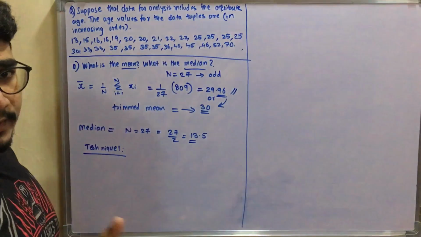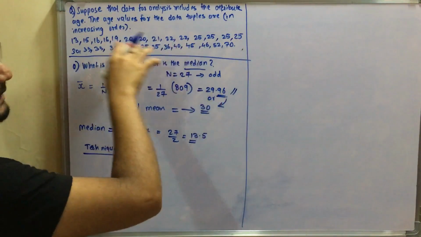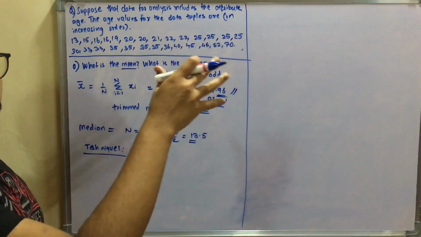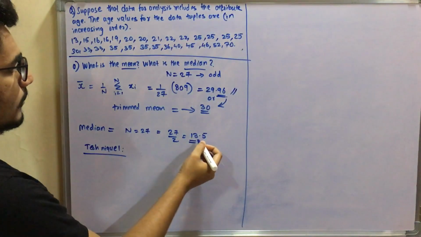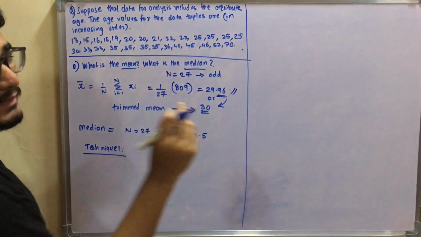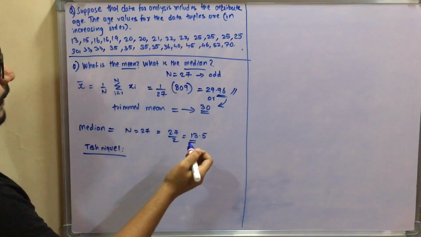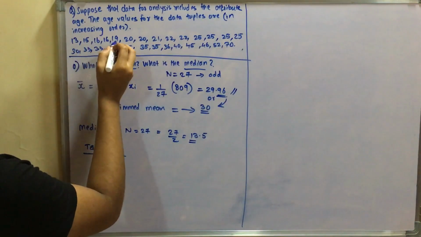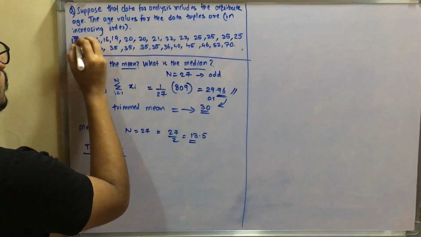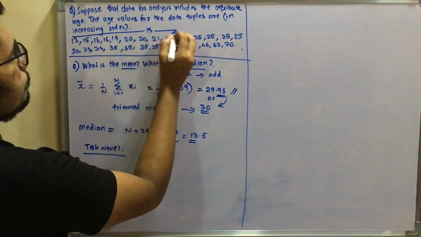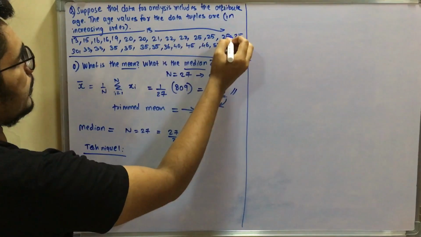You will manually count these values. Assume this is on a number line, and you count the values from the left and the values from the right. You have 13 values, and 0.5 indicates the middle value. So we'll start counting: 1 2 3 4 5 6 7 8 9 10 11 12 13. These are the first 13 values, till this 25.